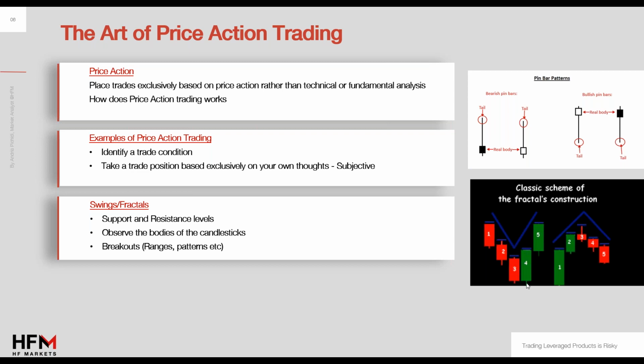Like here, the green one: it opened here and closed without any further attempt higher, and with a very small tail below. So that means bulls are in control. They opened here and managed to close at the highest level of that session. So the body matters.